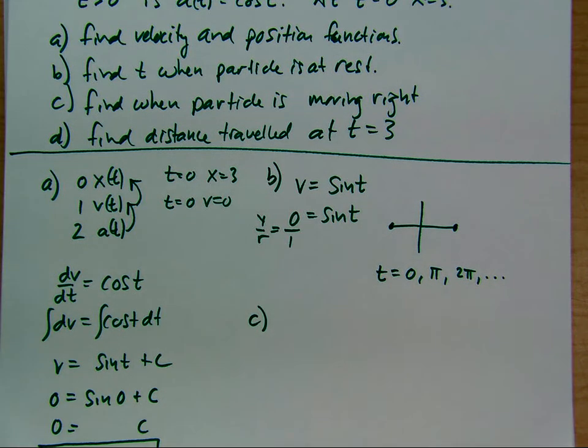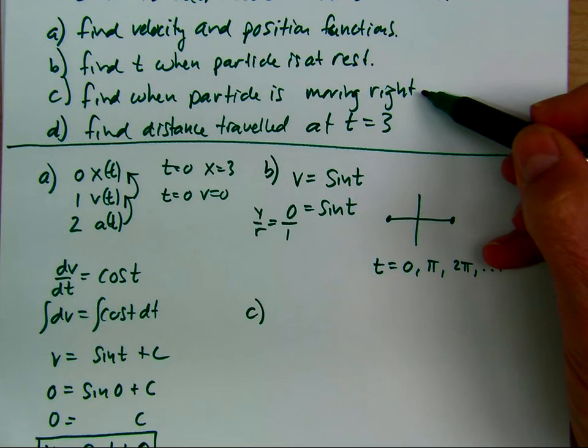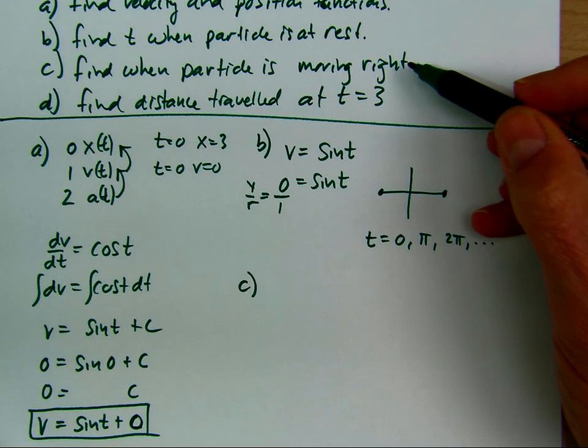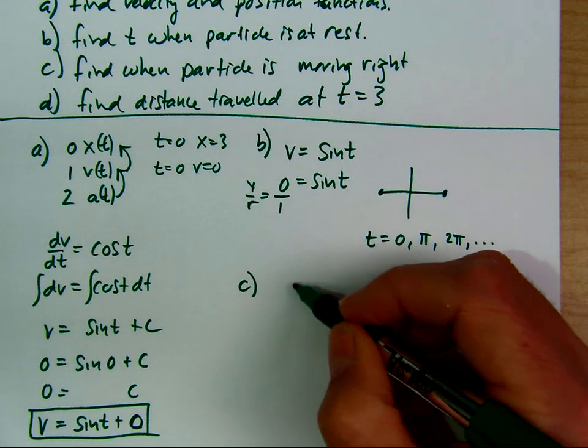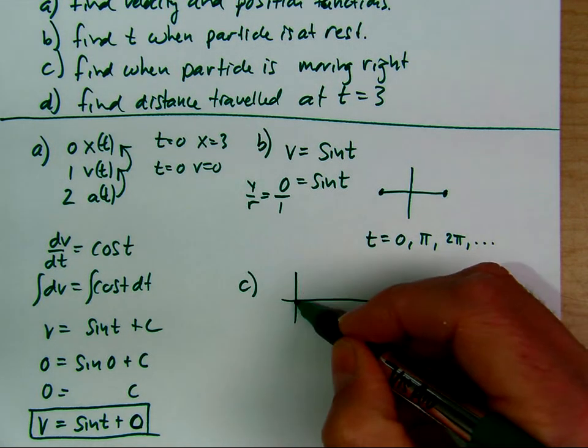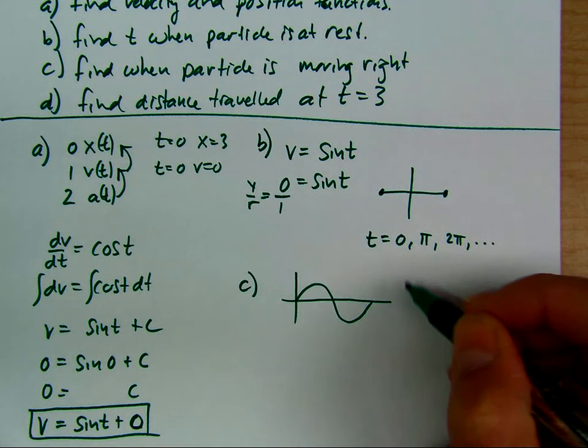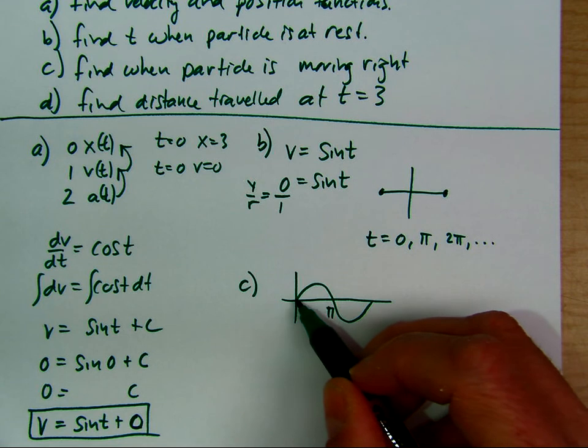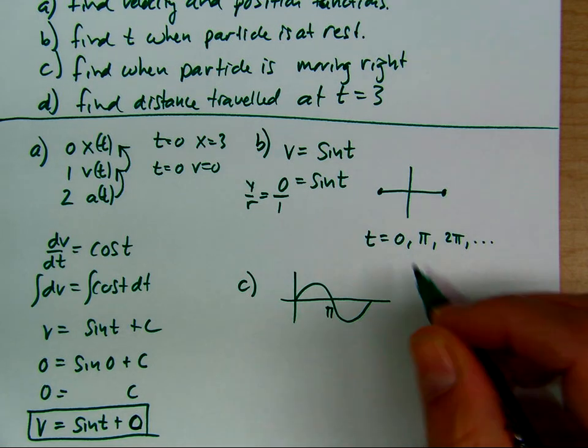Find when the particle is moving to the right. Moving right, we need to know the sign of velocity. We want velocity to be positive. So let's think about the graph of sine. We know that between 0 and pi, velocity is positive. Here's the graph of velocity.